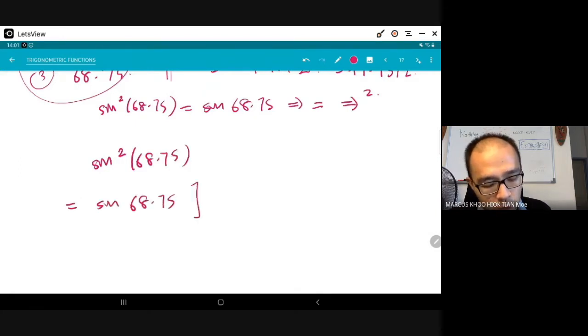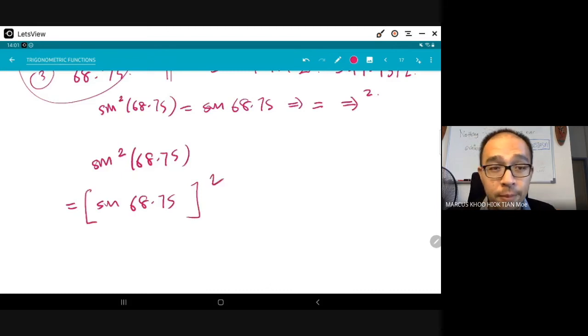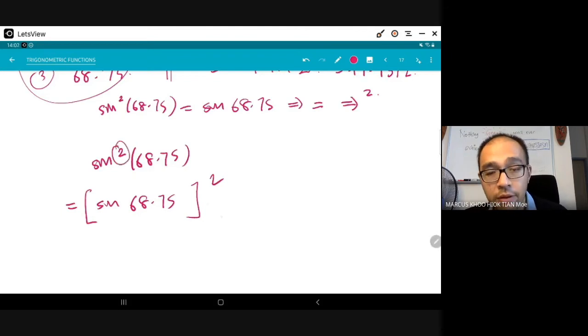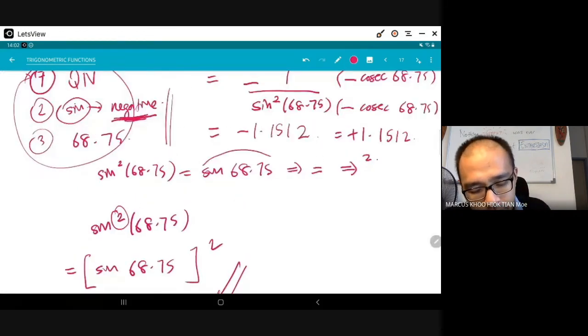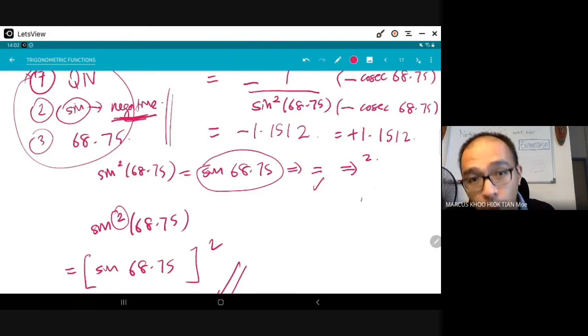The value, you square it. This is how it is understood. We write it like this, but we understand it like this. You don't square the angle, you square the entire value. That's why I said, press sine 68.75 first, then press equals, then square. The very last thing you do is to square the value.